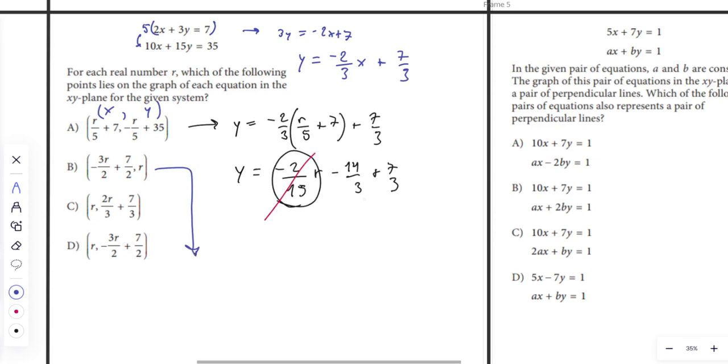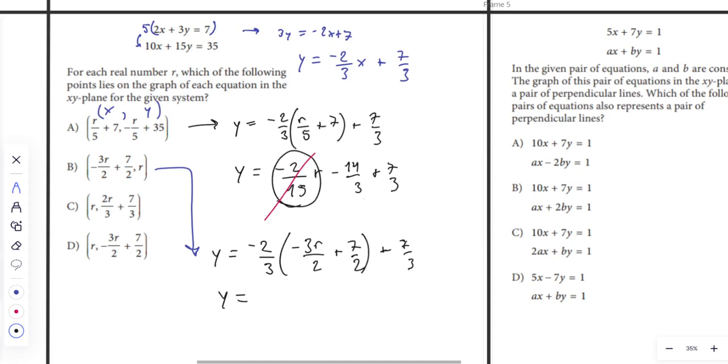That's going to be y equals negative 2 thirds. Instead of x, we'll put in this coordinate, which is negative 3r over 2 plus 7 halves. And then we need the constant over there, so plus 7 thirds.